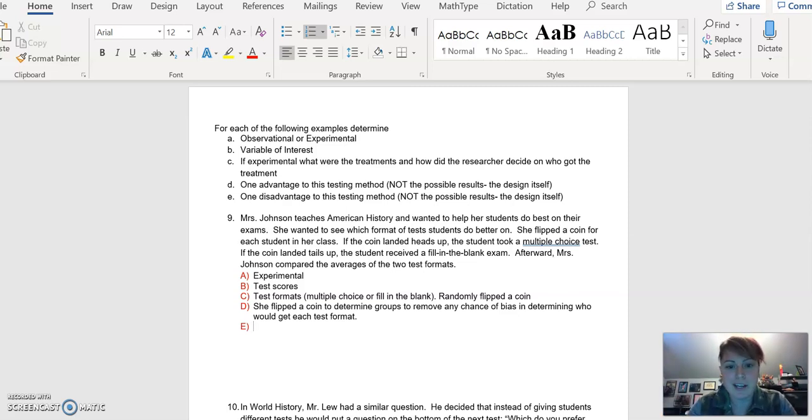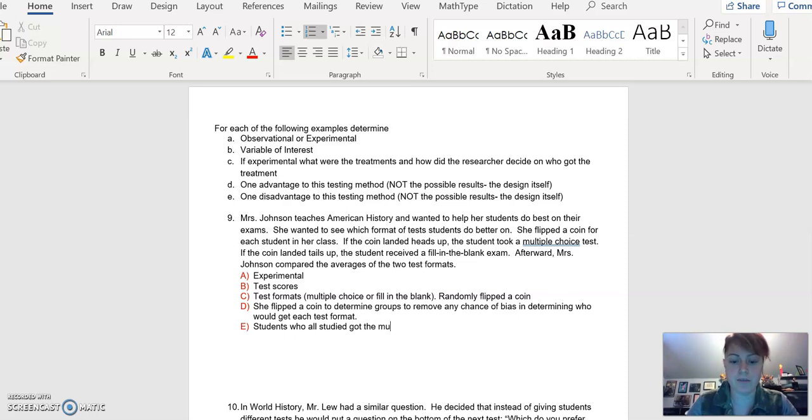So here are some disadvantages that I see with this particular method: since you're doing it randomly, you could have students who all studied, who actually put in the time and studied, get the multiple choice test.